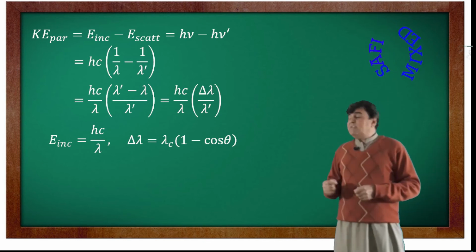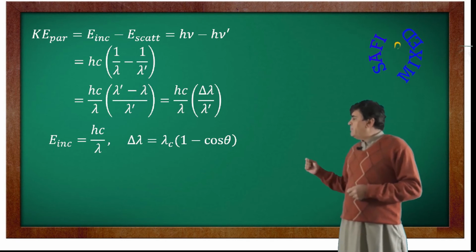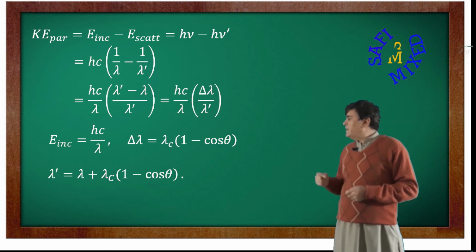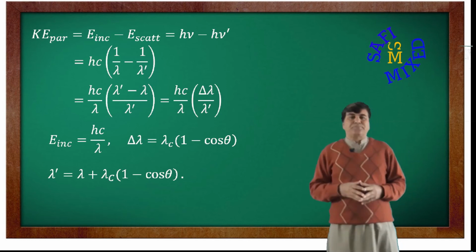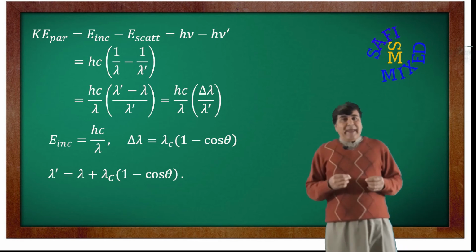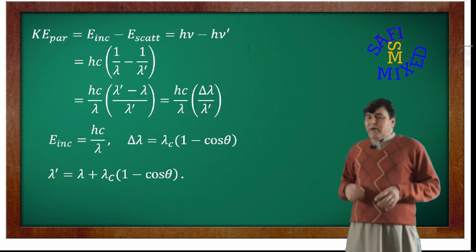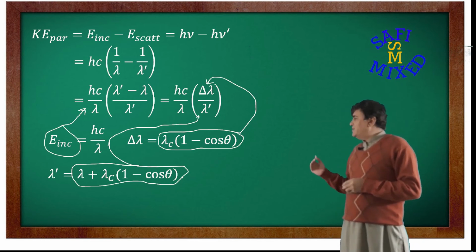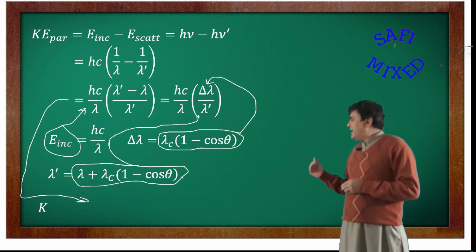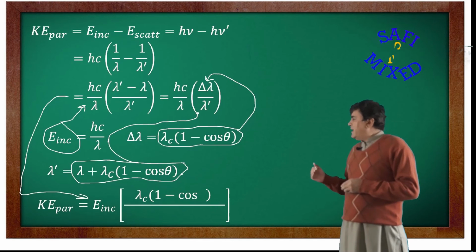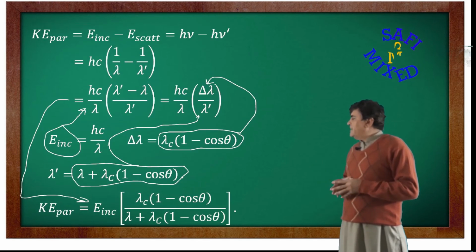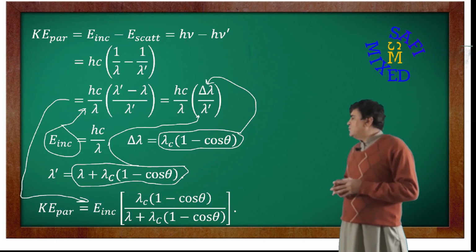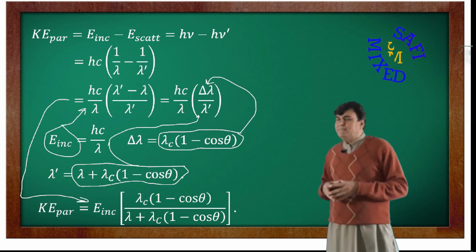From this last equation we can write that lambda prime equals lambda plus lambda c times (1 minus cos theta). Substituting this value back into the equation for the energy of particle, we can write the kinetic energy of particle equals the energy of incident photon times lambda c times (1 minus cos theta) divided by lambda plus lambda c times (1 minus cos theta).